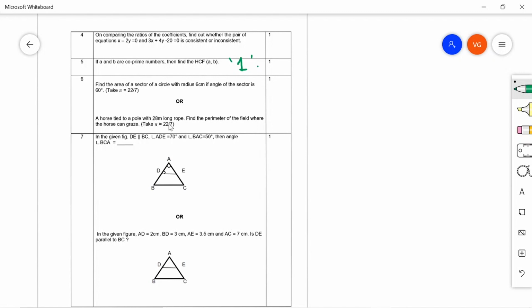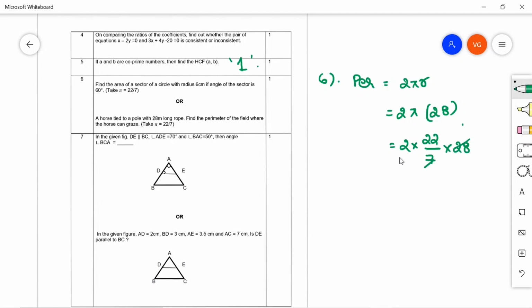The other question given in the internal choice for question number 6 is a horse tied to a pole with a 28-meter long rope. Find the perimeter of the field where the horse can graze. Again, this is a simple question. The perimeter is given by 2 pi r. So direct substitution of r, 28 meter here. You will get 2 into 22 by 7 into 28, 4 times.